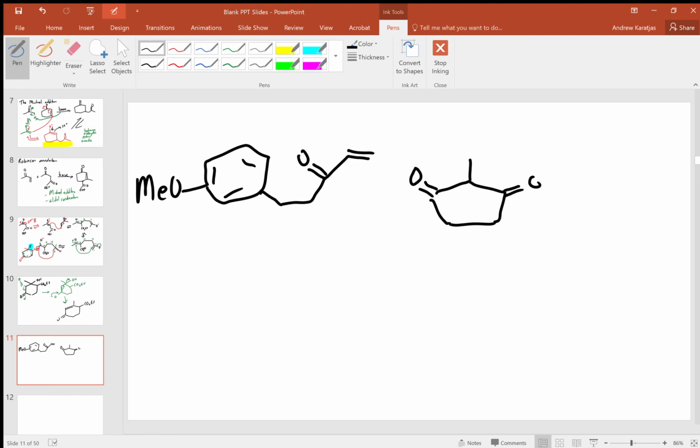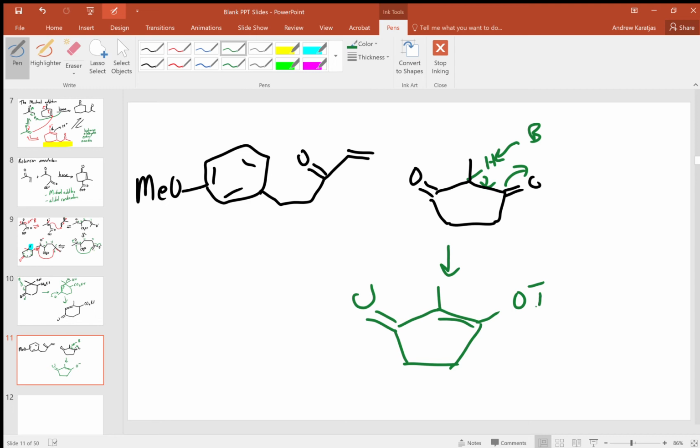And this dicarbonyl is going to make for a good nucleophile. So we can deprotonate. And then our enolate will do the 1,4 attack onto our carbonyl.